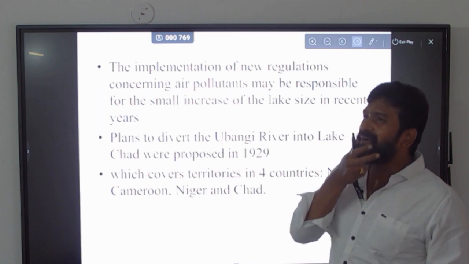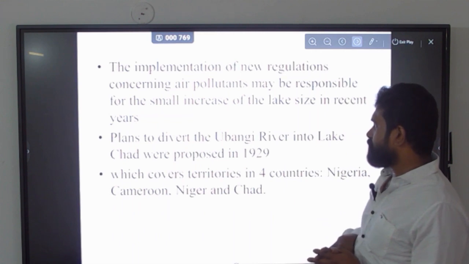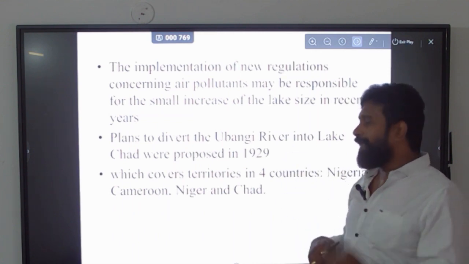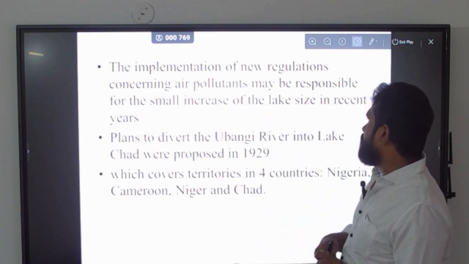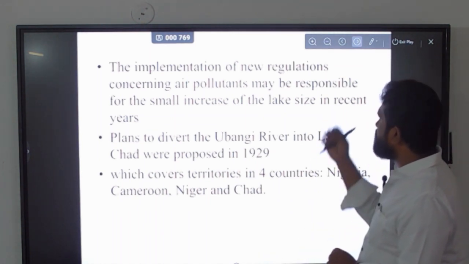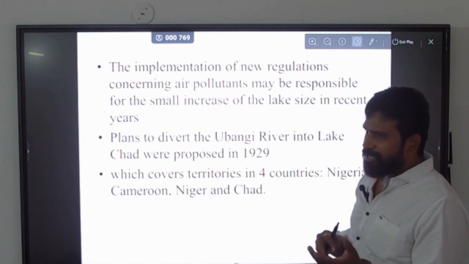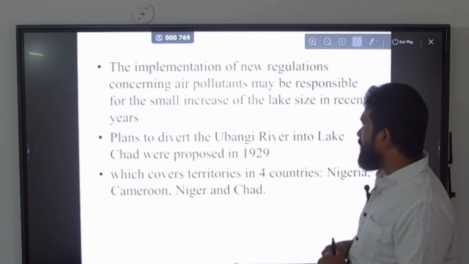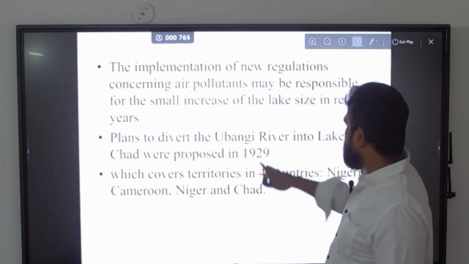So the 4 countries I told you about have a lot of new regulations and plans that they implemented. One thing is air pollutants, which they are concerned about in these regulations. Because of that, some water is increasing in the lake, and they also have a plan called the Ubani River.